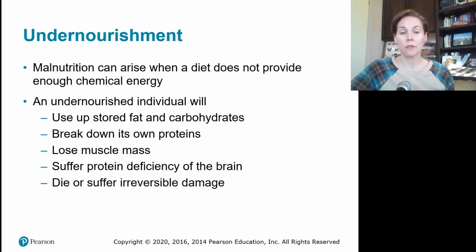These people also will suffer protein deficiency of the brain. When you think about when you get hangry or you get really tired because you're hungry and you just can't think straight, this is that to another extreme. And they can die or it can cause irreversible damage because the proteins around certain organs aren't working properly and you start to have organ failure.